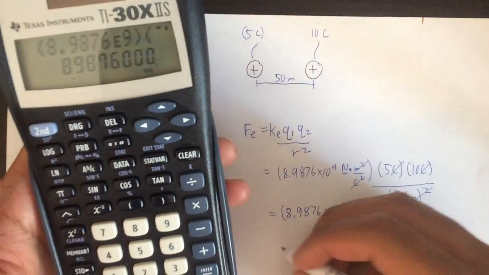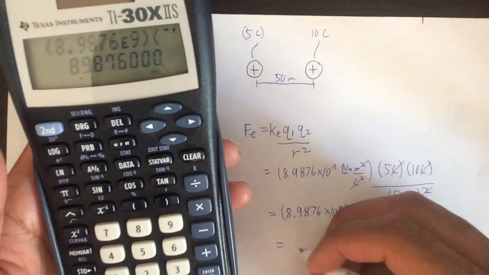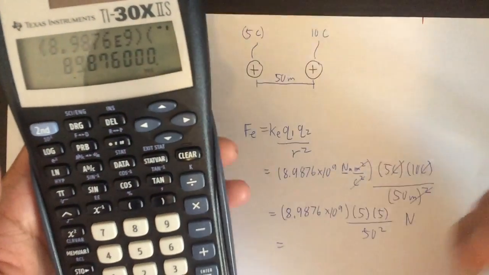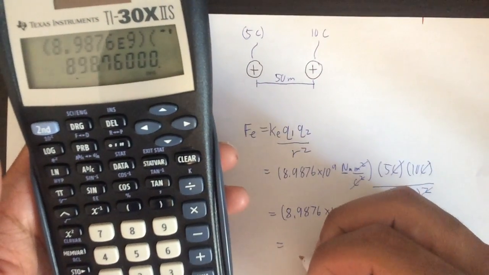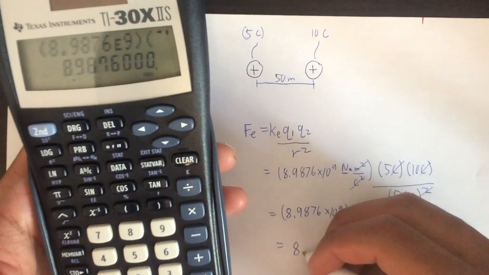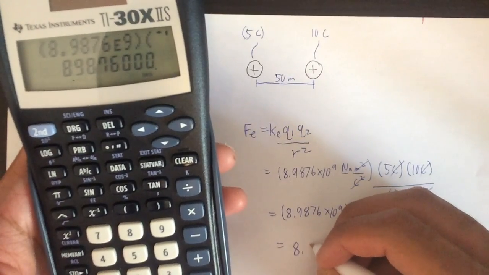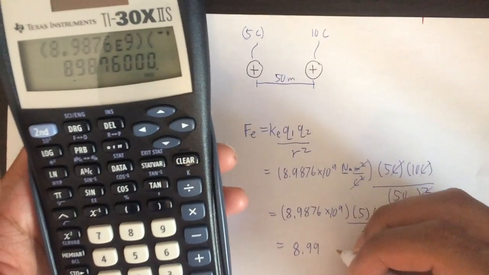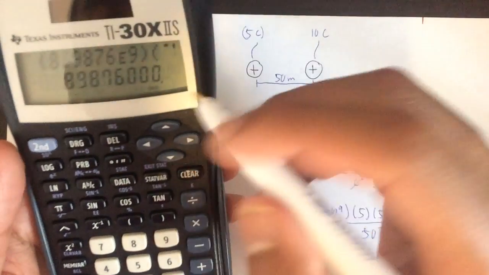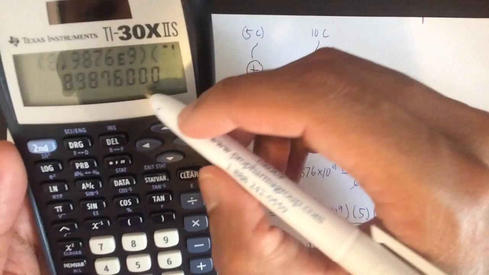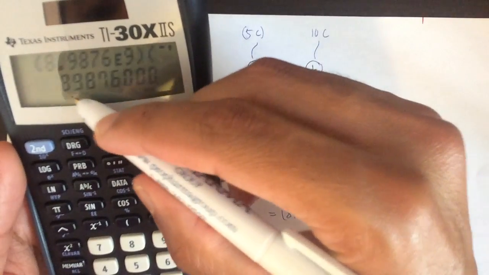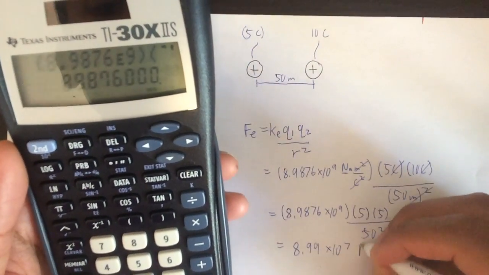I'm just going to put the answer in 3 significant figures. It's going to be 8.99 times 10 to the 7 newtons.